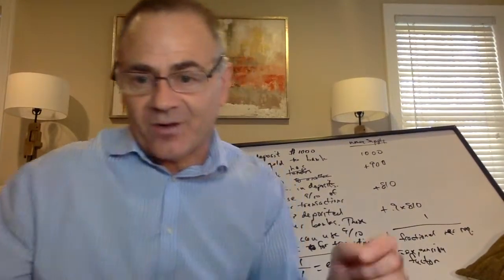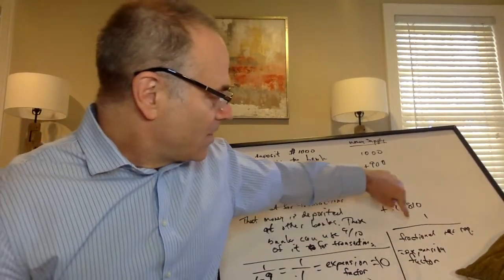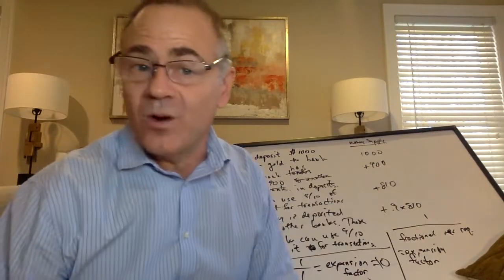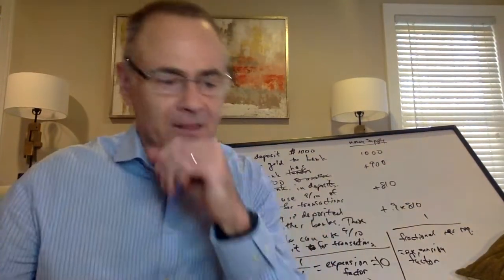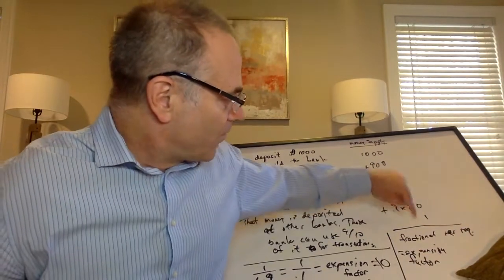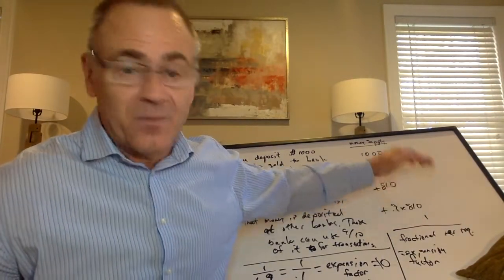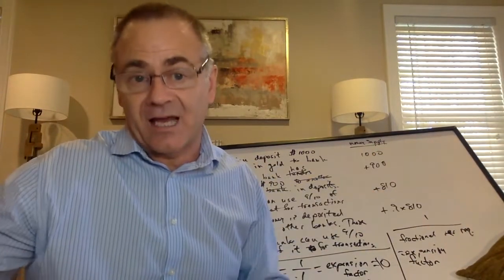Let's say that the government has a total of $1 trillion in currency and coins. Fractional reserve requirement is 10%. That means the total money supply will be 10 times that, 10 trillion.